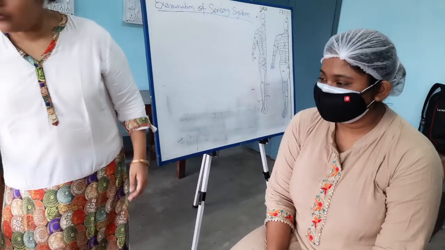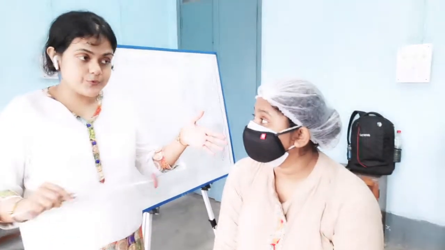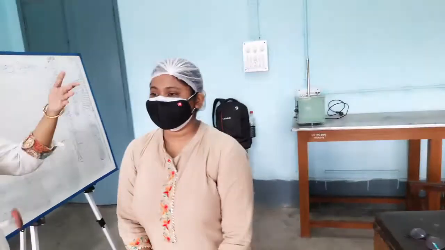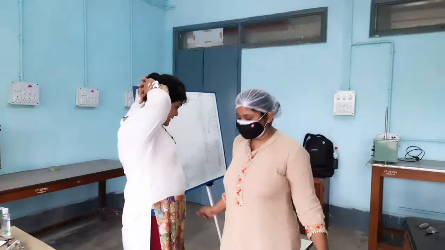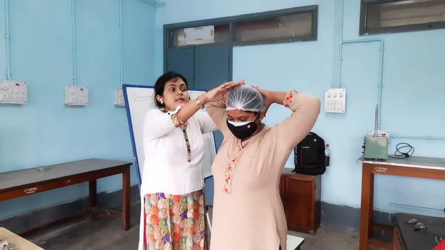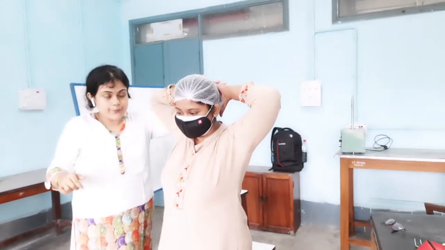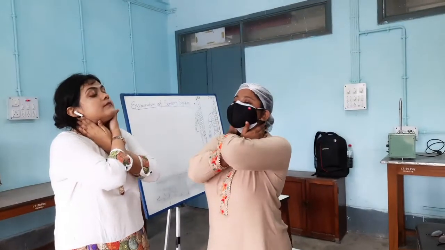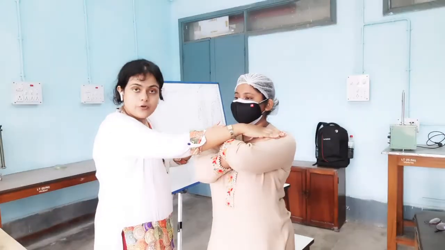Now, before closing my class, I am going to show the dermatomes over the whole body. So, the skin over the occiput is supplied by C2, C3, C4.